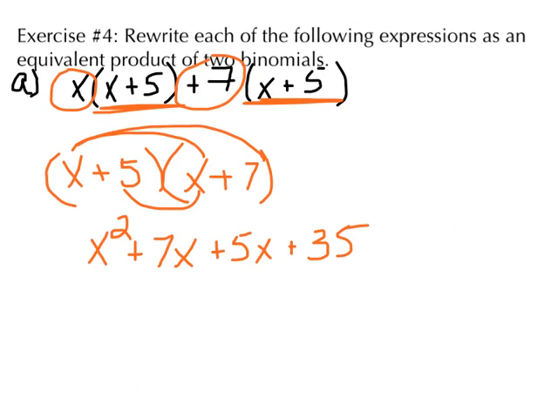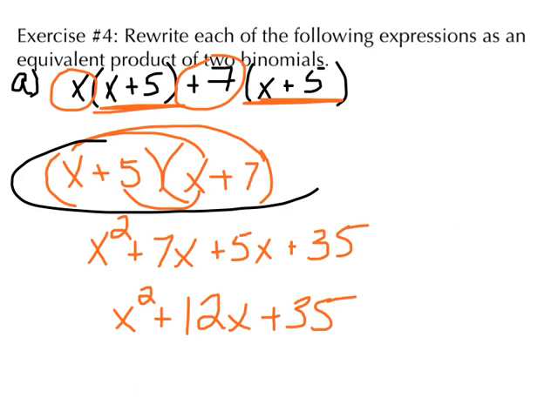But I think this is just showing you what it looks like as a trinomial. Just to show you this case, it's 12x plus 35. You can get there doing the same thing here, but they're asking you for this right here. I think we should be able to stop right here today. So it's saying x plus 5 times x plus 7. That is a product of my binomials.